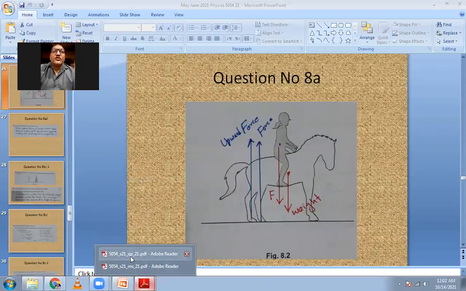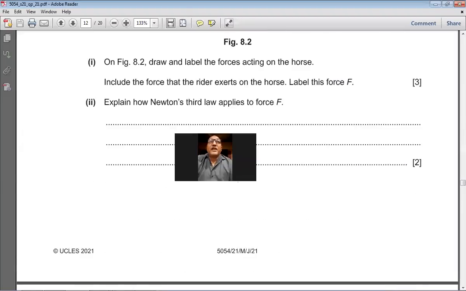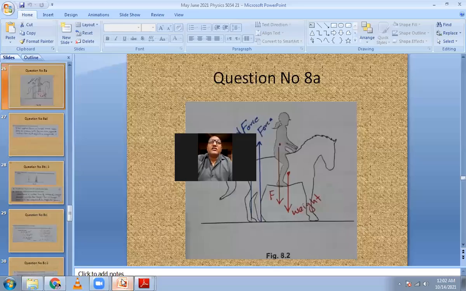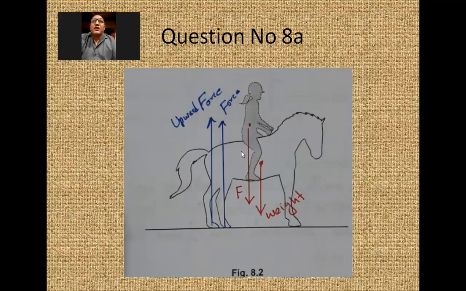Okay, so let's go to the next question. Then he says, explain how Newton's third law applies to the force F. It's a 2-mark question. This is the force F which the rider applied on the horse. When the rider applies force F on the horse, the horse will apply a force on the rider, and both these forces will be equal in magnitude but opposite in direction.